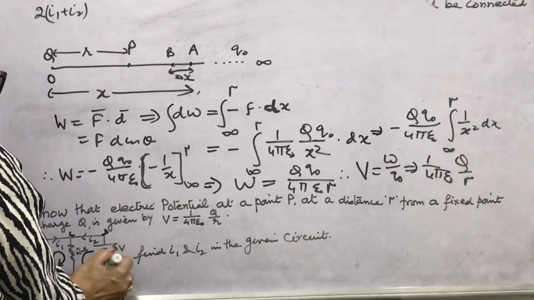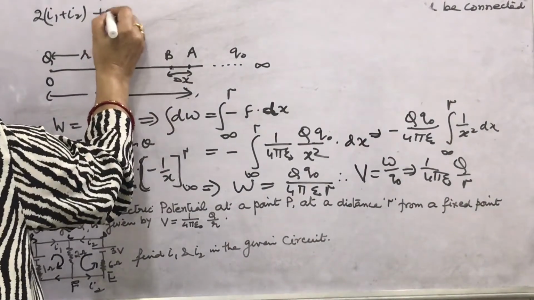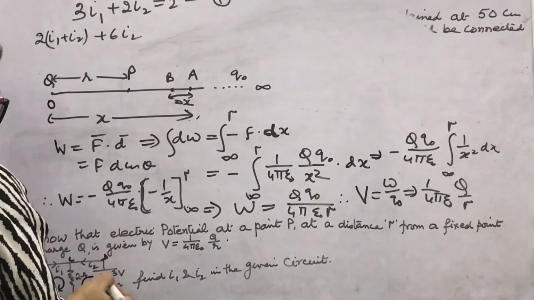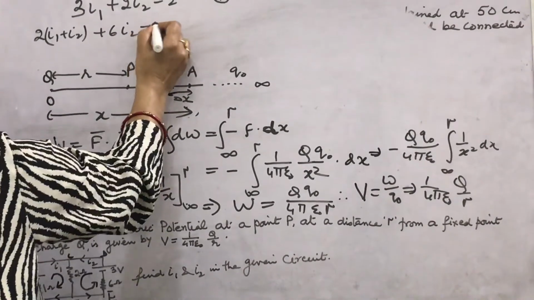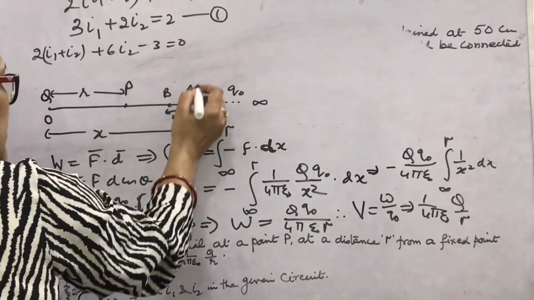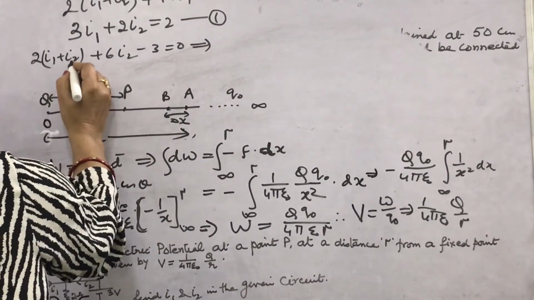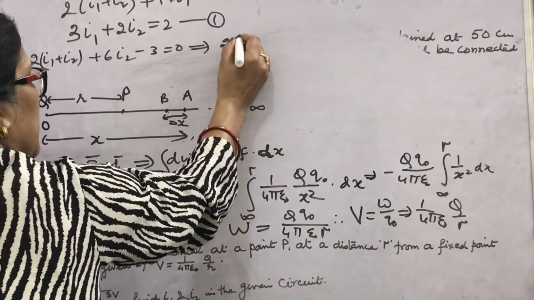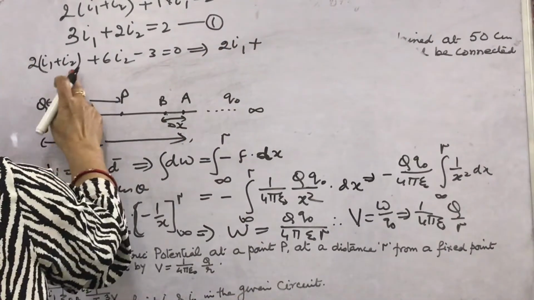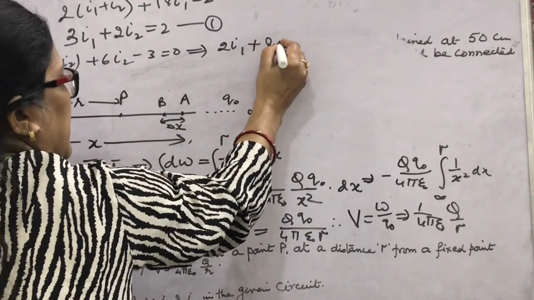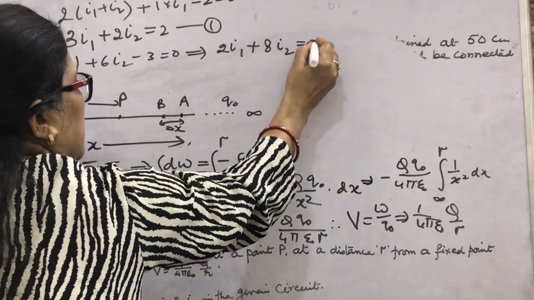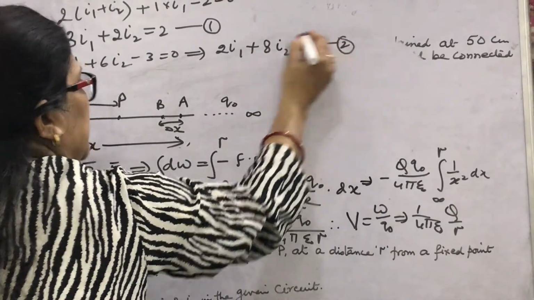So I2 into 6, you will write plus 6 I2, and here minus 3 equal to 0. This implies 2 I1 plus 2 I2 and 6 I2 make 8 I2 equal to 3. This is equation number 2.